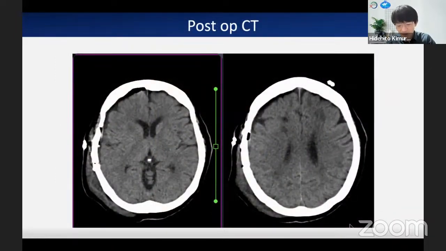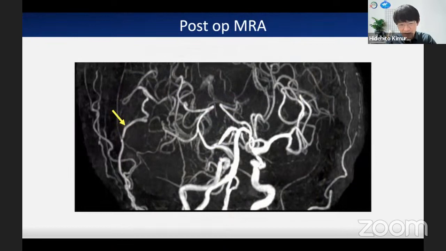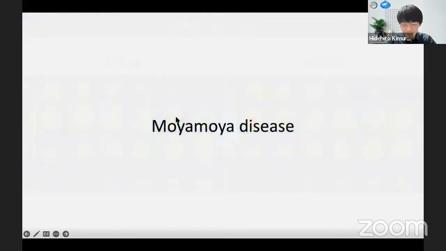Sometimes patients may have postoperative hemorrhage due to hyperperfusion, but you should take care of postoperative hypertension to avoid postoperative ICH. The MRA demonstrated the graft was patent, and the SPECT study demonstrated an increase of cerebral blood flow at the operated side.